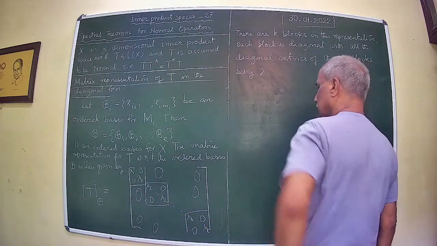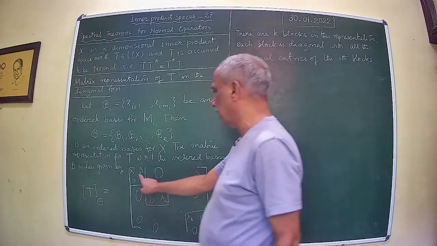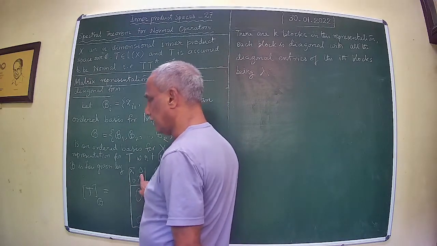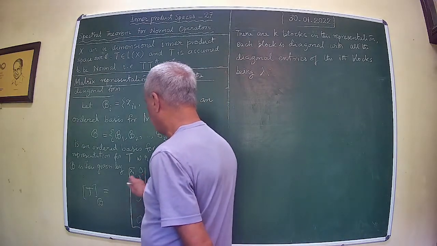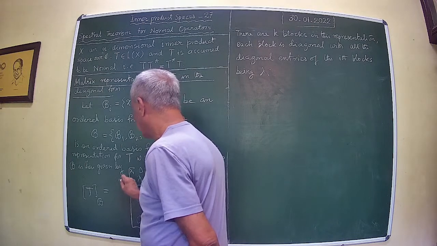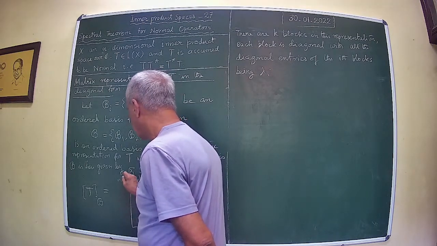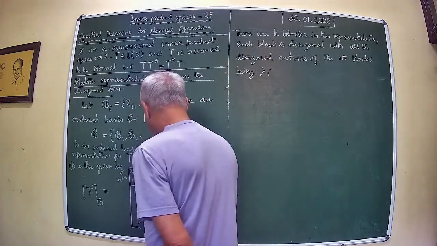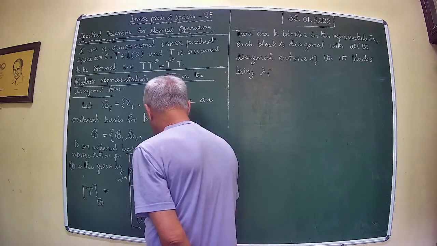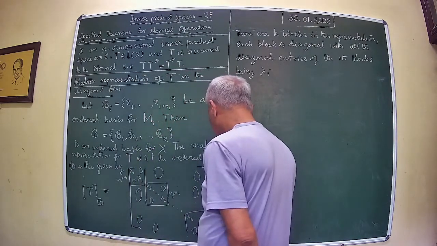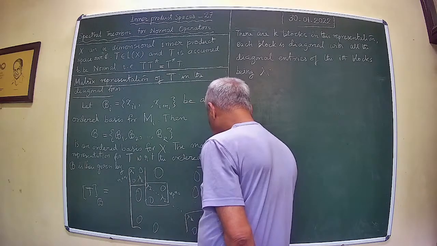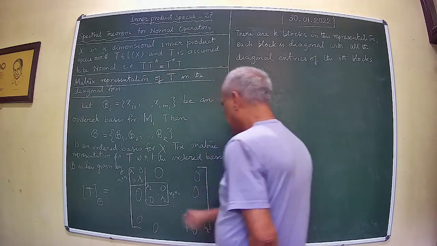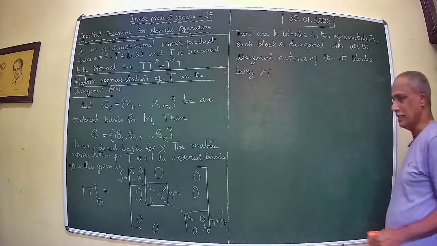So you have got the first block. This is M1 cross M1. This is M2 cross M2. This is Mk cross Mk. This is an n by n matrix. That's the setup that you have.